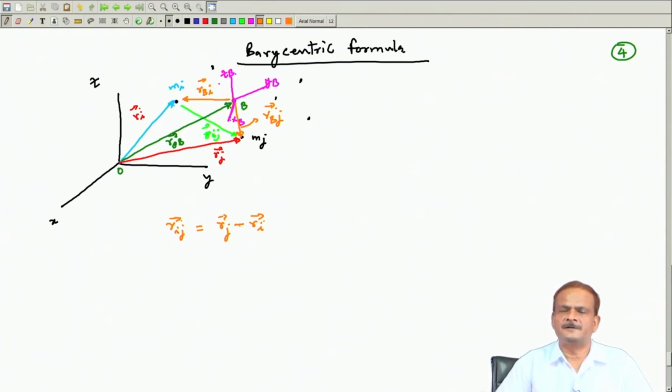So, the system of particles free from external force must have its center of mass moving with constant velocity, and I will show it, definitely I will do that.